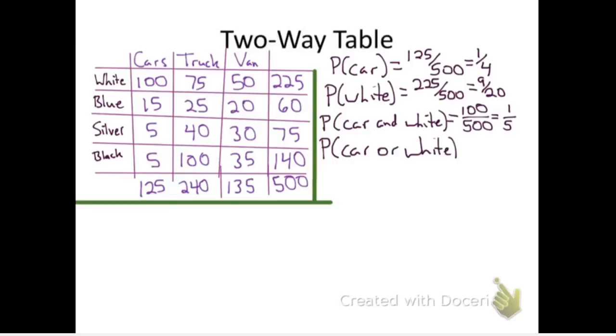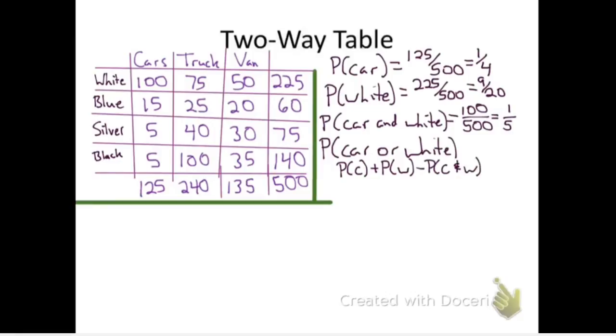Now, these are independent events, because it really doesn't matter if the vehicle is a car or that it's white. We're going to use the probability it's a car plus the probability it's white minus the probability it's a car and it's white.